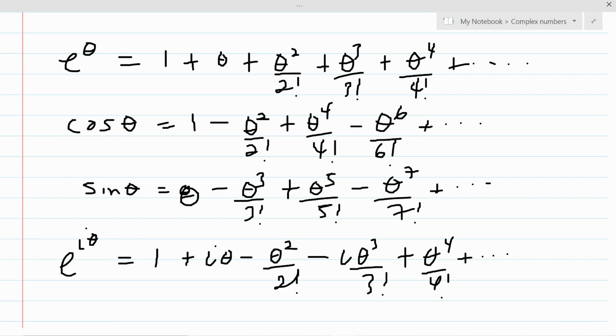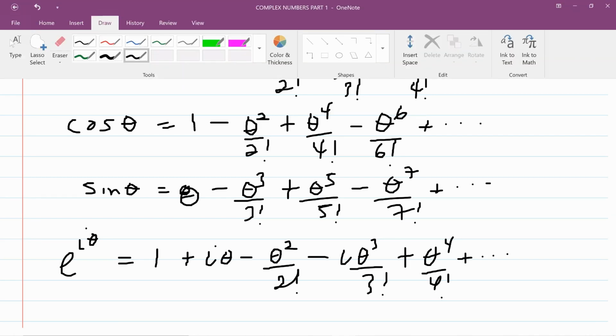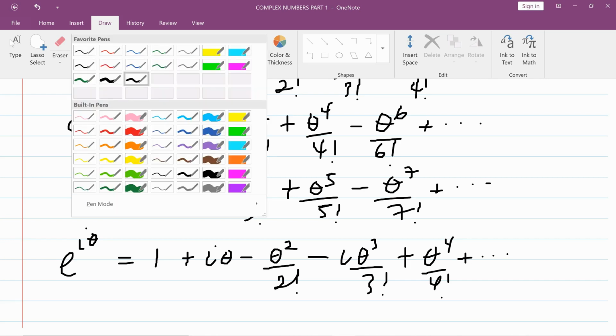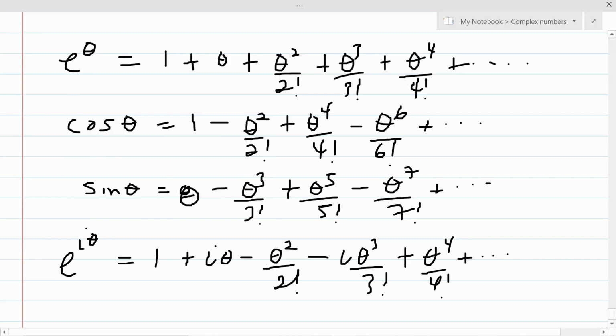Now I want to prove something, okay? What if I multiply by i, the sine of theta? Let me pick another color. This equation, what if I multiply the whole of this by i?